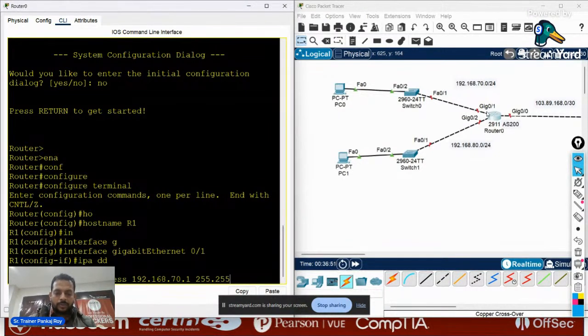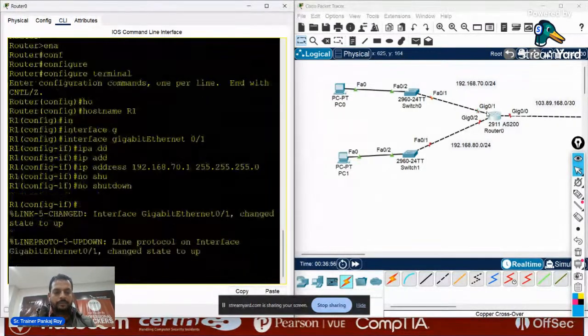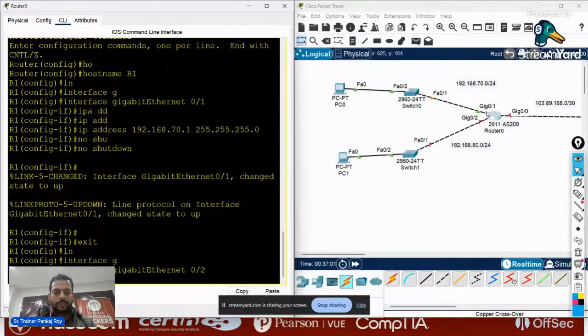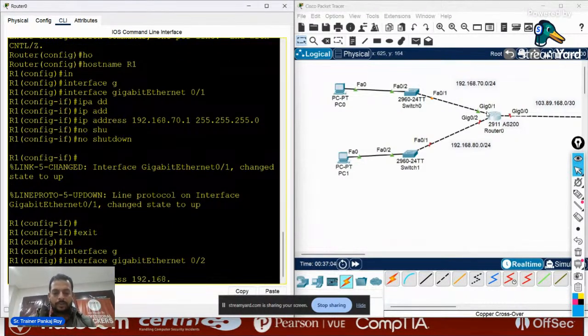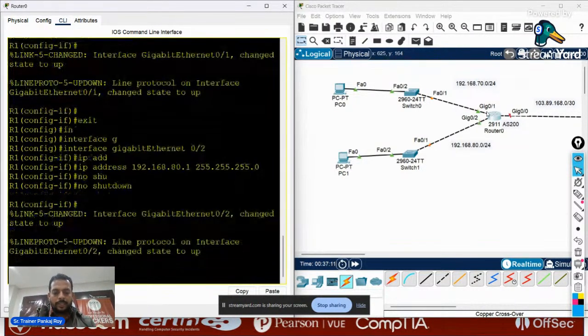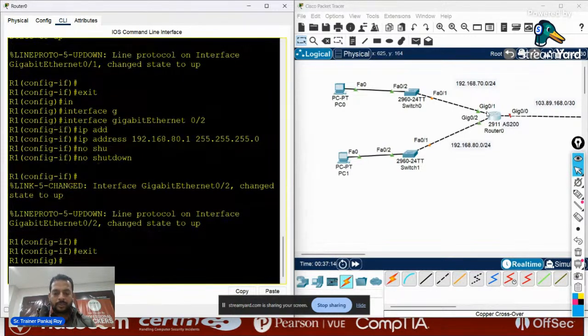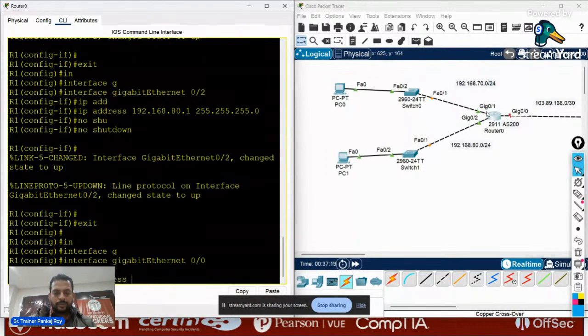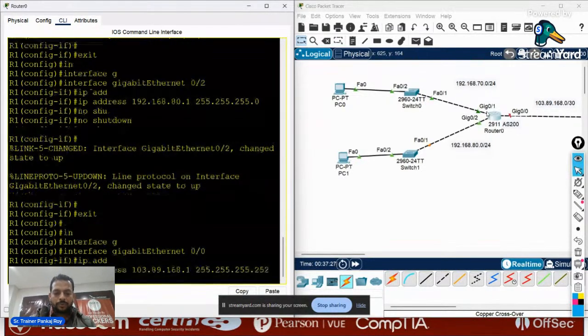No shutdown, now the port is activated. 0/2 IP address, no shutdown, and another port is gigabit 0/0, 192.168.1.255/30 bits, so 252.